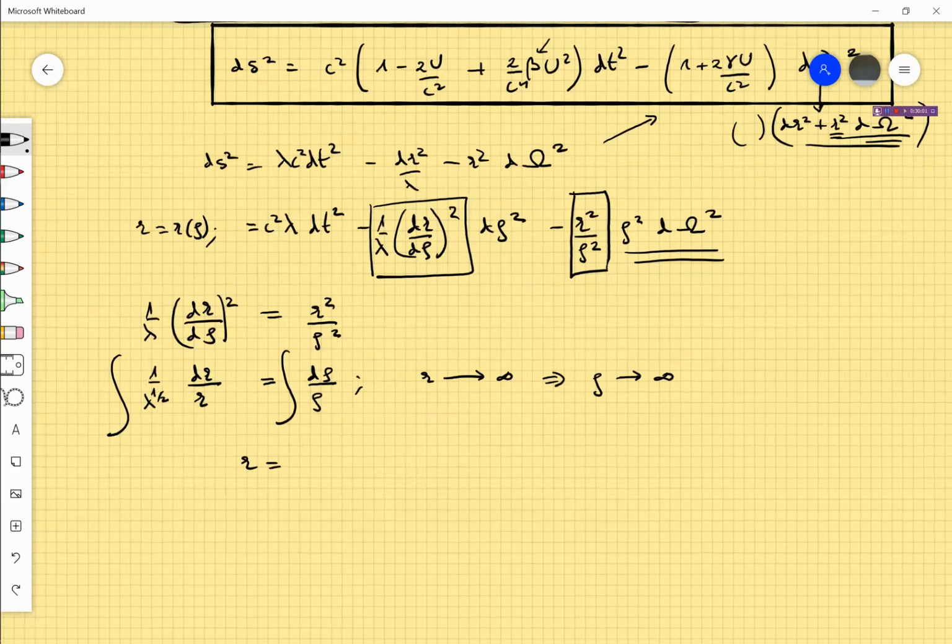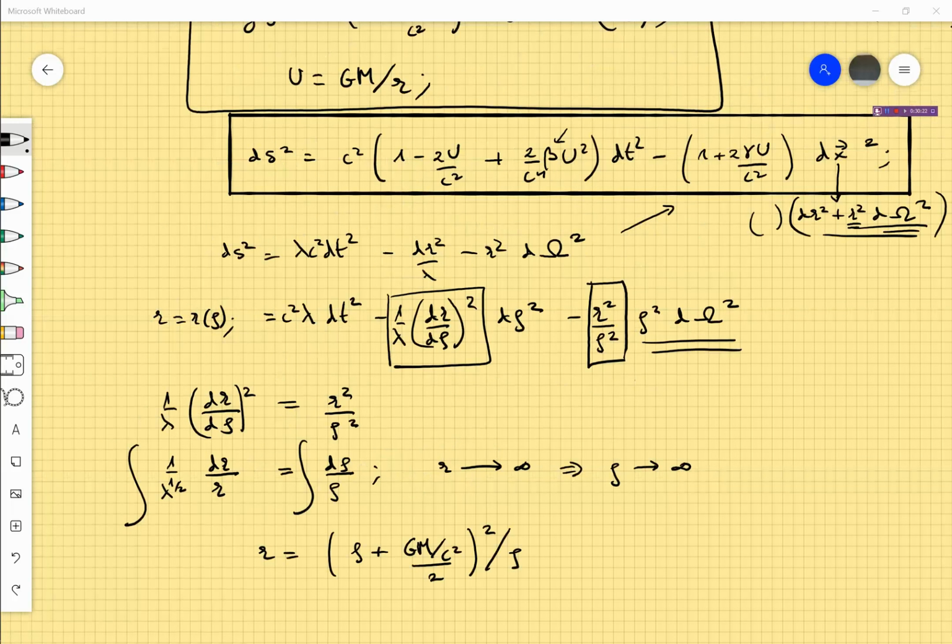You just have to do this integral. It gives you this relation between r and rho, this square divided by rho. When I wrote lambda before, I missed the factor of c squared.